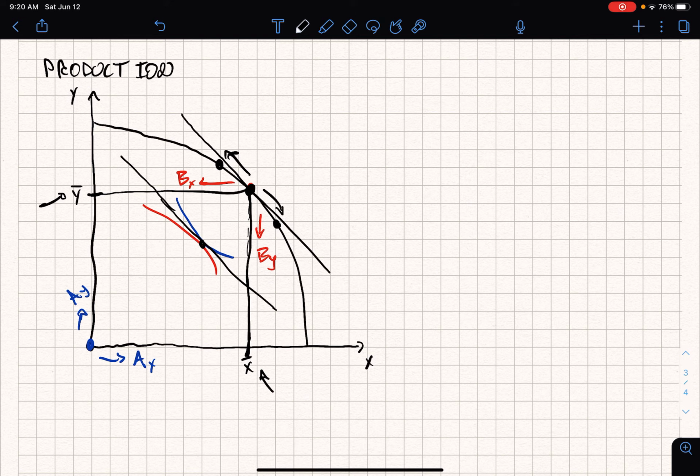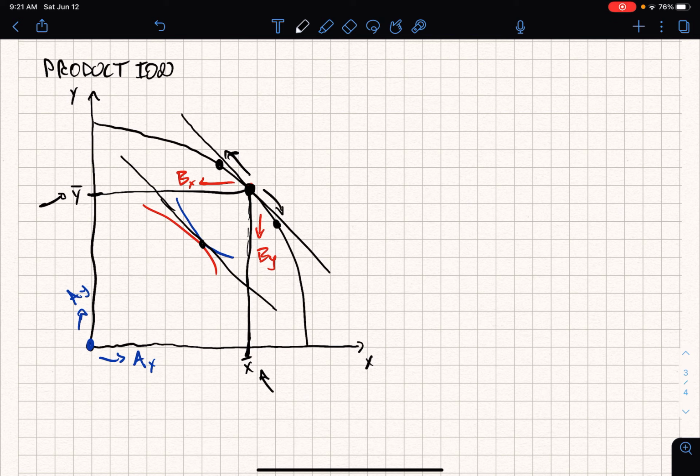And I'm going to stay general here. We're not going to dive too deeply into the firm's problem and how it relates to the production possibility frontier. But in the background, firms are choosing how much of each to produce. And that trade-off is represented by the production possibility frontier.